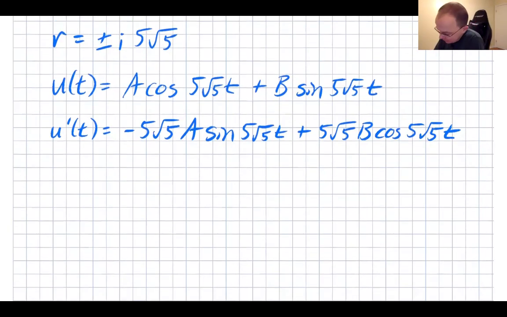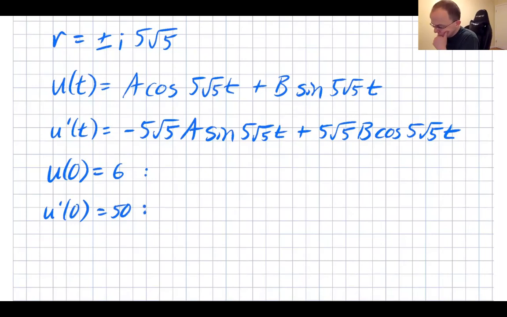Our initial condition was 6, and then the initial velocity was 50. So we get a times 1 plus b times 0 is equal to 6. And so a is equal to 6. So that's a.